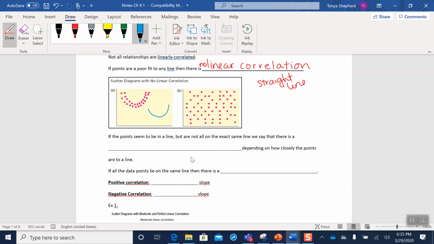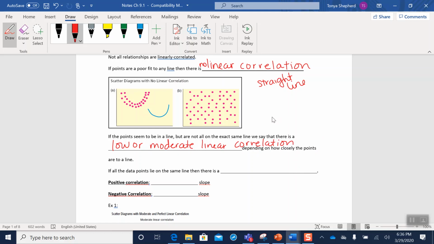Okay, so if you have a scatter plot and the points seem to be in a straight line, but they are not exactly all on the same line, then what we say is that they may have a low or moderate linear correlation, depending on how close the points are to fitting on a line.